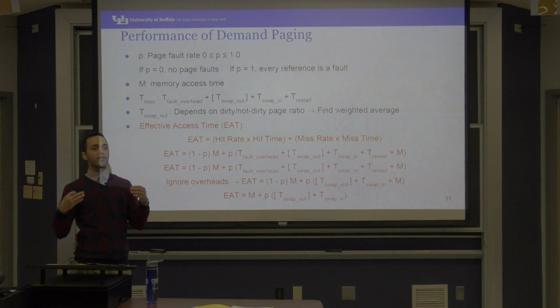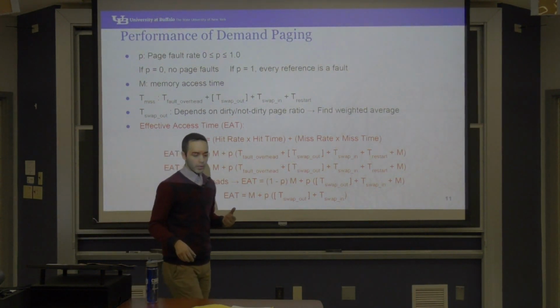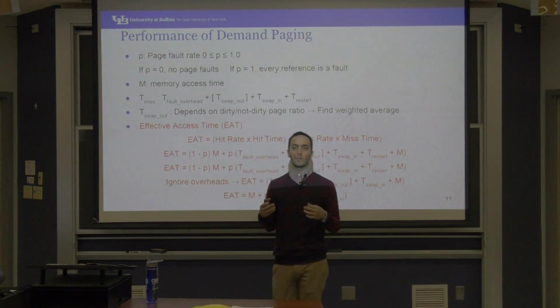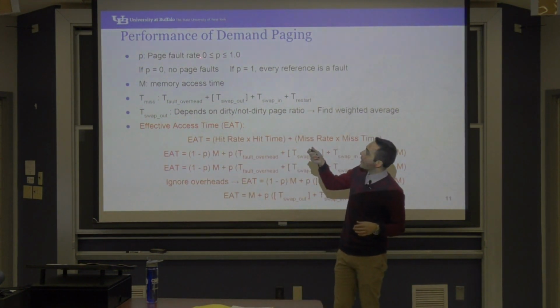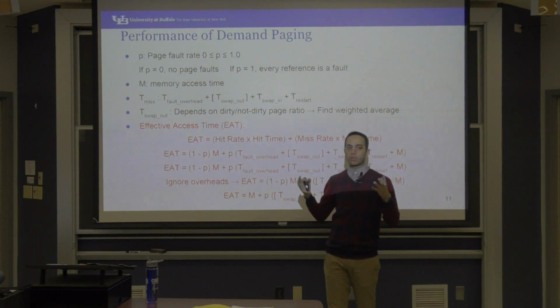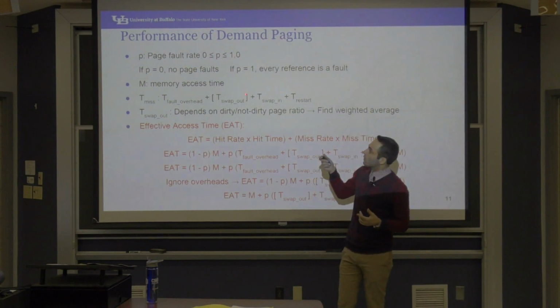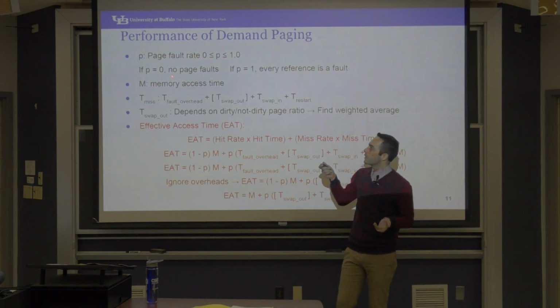Because of the algorithm the operating system uses for keeping pages in memory, there is always a page fault rate. On average, there is a rate at which you have a page fault, right? It's always between 0 and 1. If it's 0, that means no page faults.